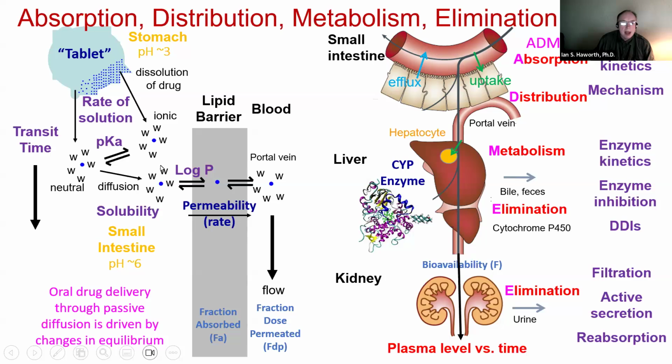And the drug is going to be driven through the gut wall through a series of equilibria, with these equilibria shifting from ionic to neutral, partitioning from aqueous to lipid, and then out into the portal vein. The total amount of drug that reaches the portal vein is then the fraction dose permeated.